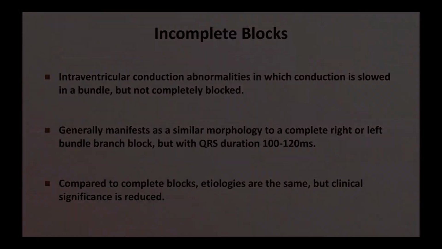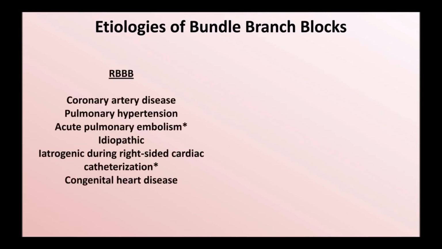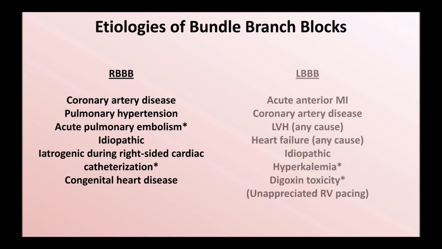What are the etiologies of bundle branch blocks? Right bundle branch blocks can be caused by coronary artery disease, pulmonary hypertension, acute PE, be idiopathic, occur during right-sided cardiac catheterization, or be due to congenital heart disease. Left bundle branch blocks are usually due to acute anterior MI, chronic coronary artery disease, LVH from any cause, or heart failure from any cause.